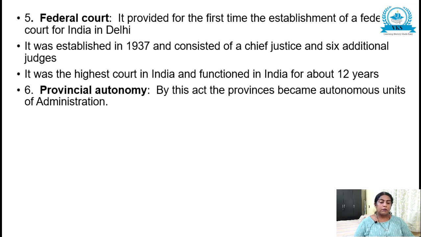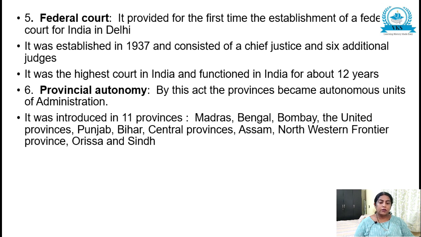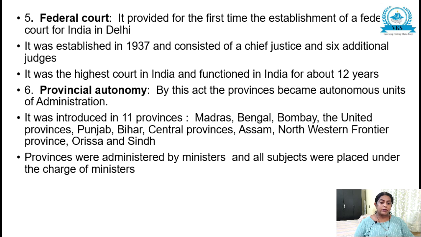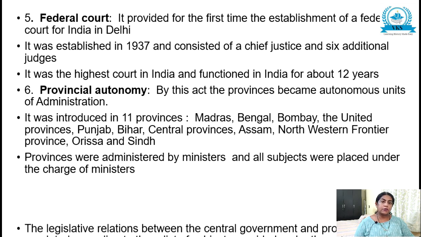Provincial autonomy: by this act, the provinces became autonomous units of administration. It was introduced in 11 provinces: Madras, Bengal, Bombay, United Provinces, Punjab, Bihar, Central Provinces, Assam, Northwestern Frontier Province, Orissa and Sindh. Provinces were administered by ministers and all subjects were placed under the charge of ministers.